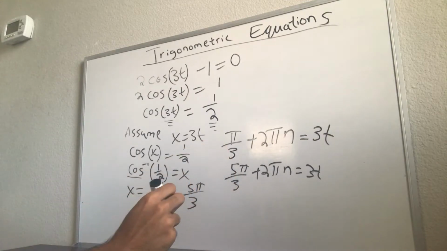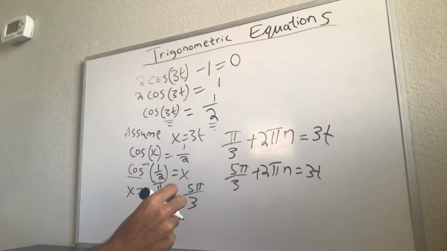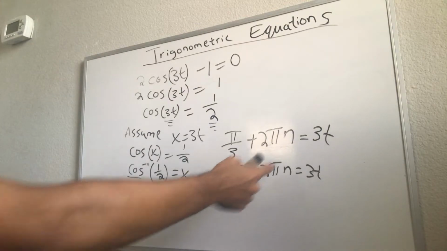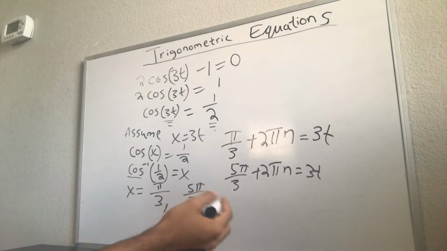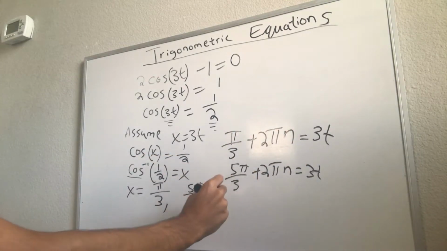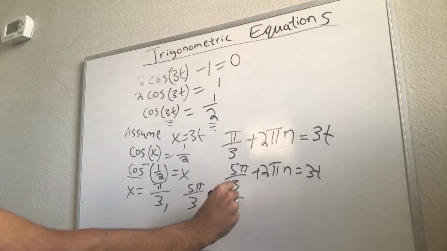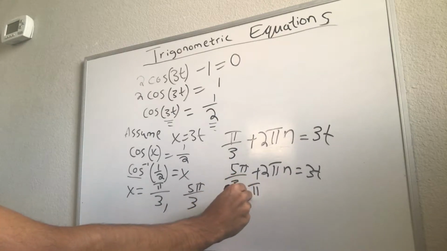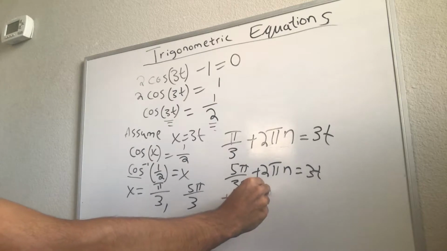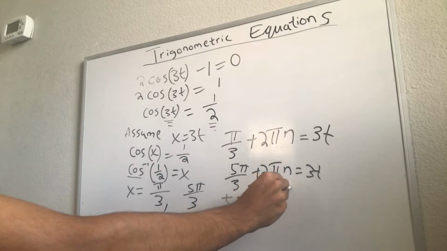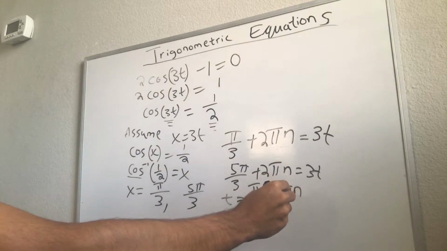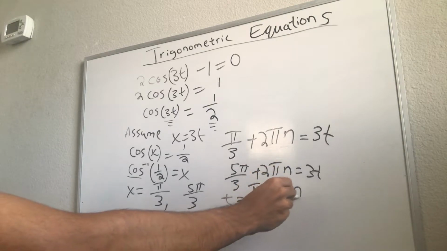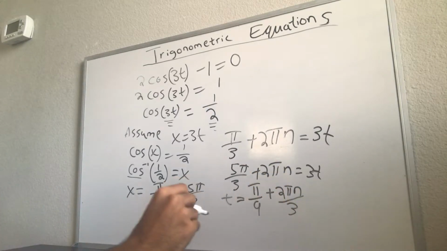So if we solve both of these equations further, what you can really do is divide both equations by 3 to isolate the t. So from the first equation, t is equal to pi over 9 plus 2 pi n over 3.